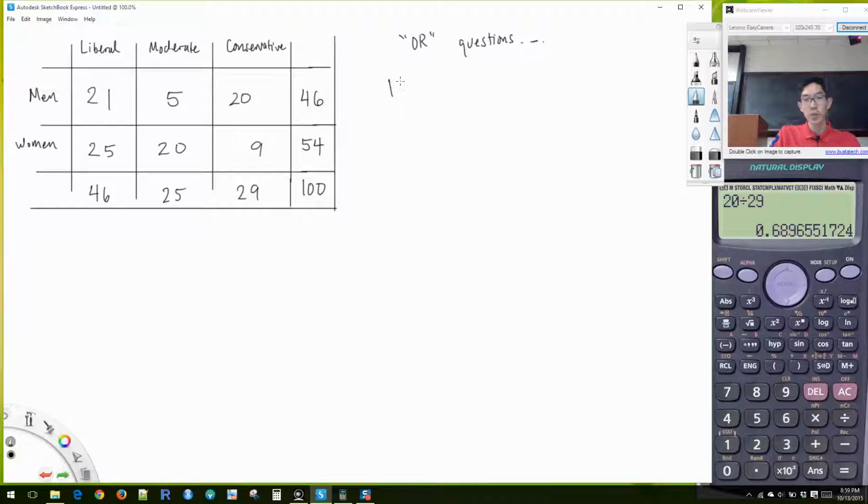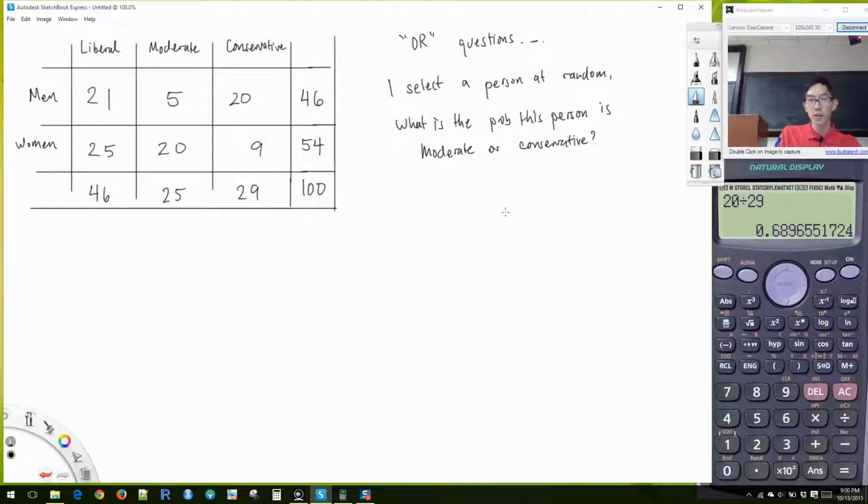I select a person at random, and I say, what is the probability this person is moderate or conservative? So we want to know, what's the probability that this person is moderate or conservative?